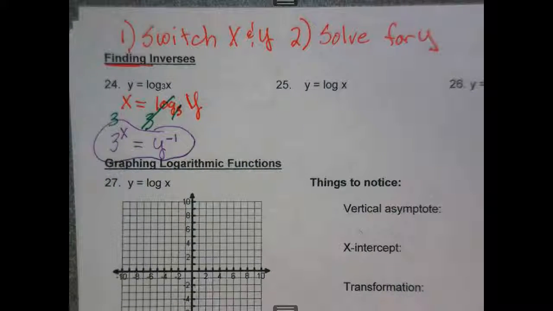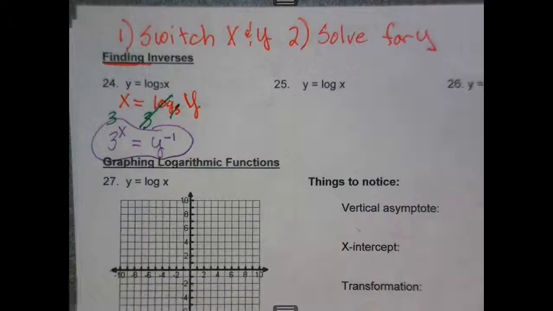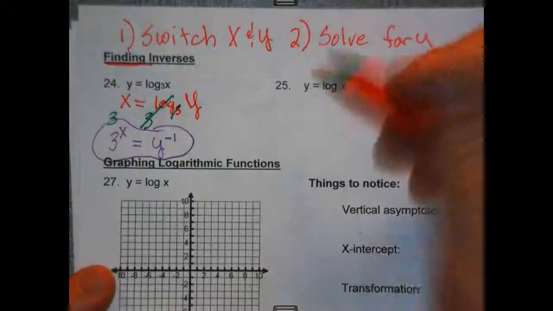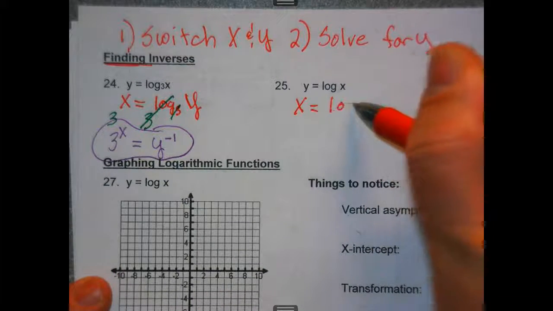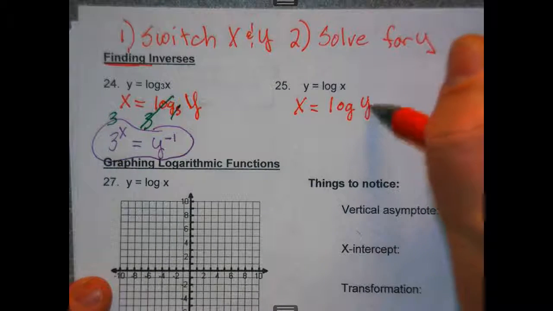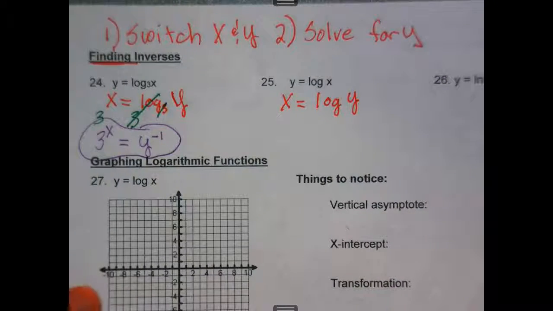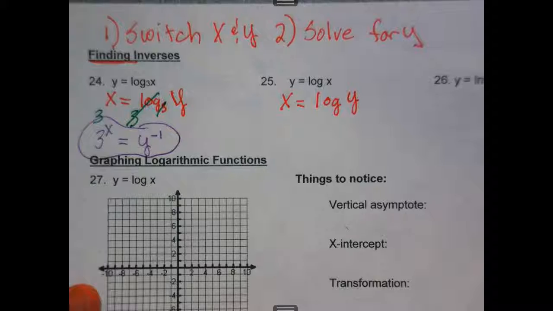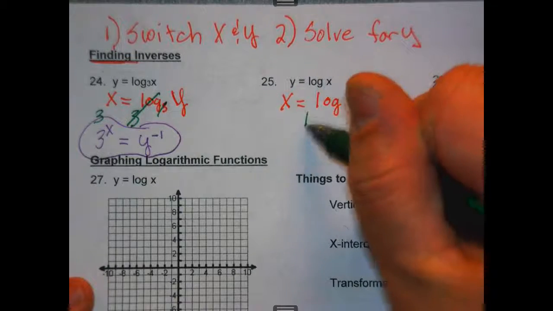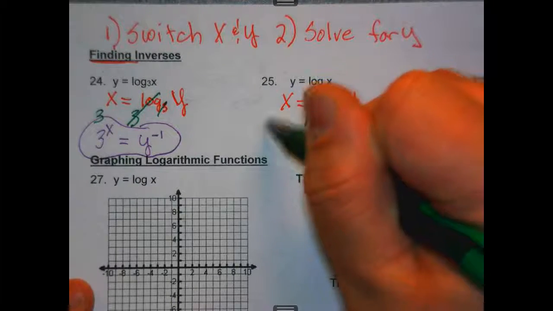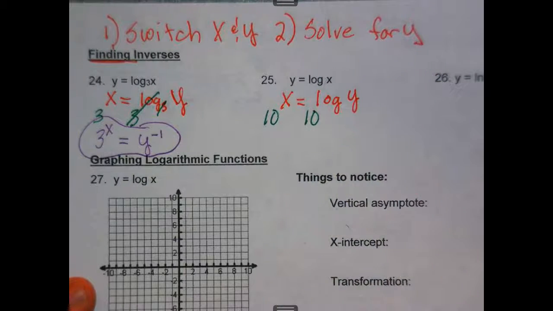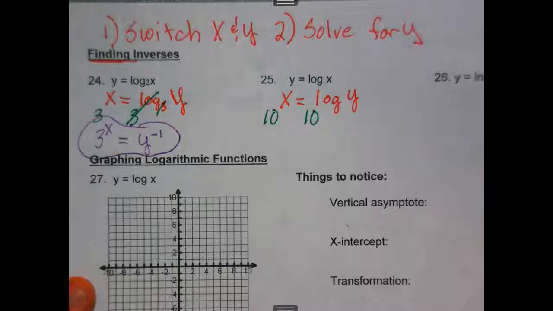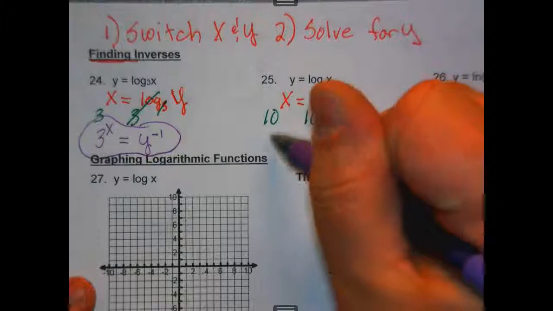Number 25. Step 1. Switch the x and the y. So I get x equals common log y. What's my base for the log? So I'm going to raise it to the base 10. So my answer is, because there's nothing there, 10. Yep.